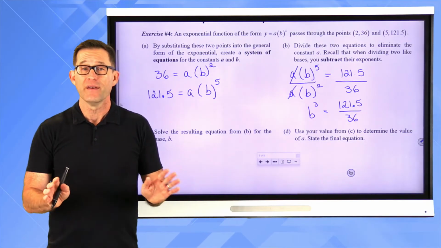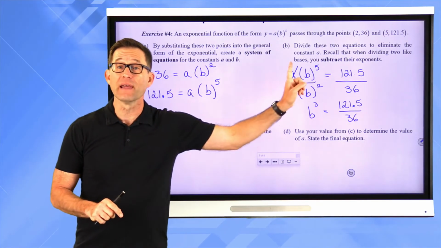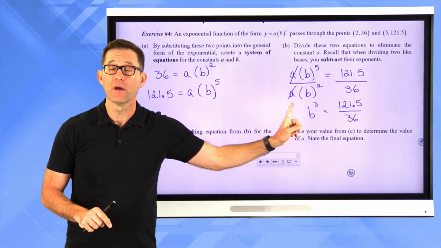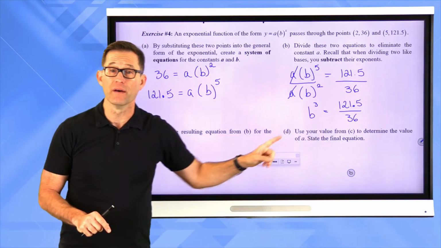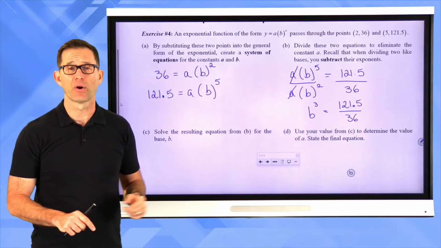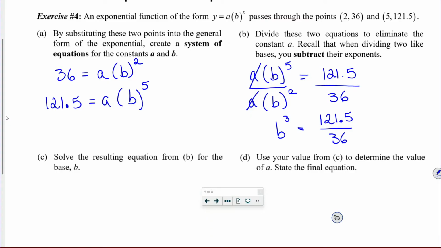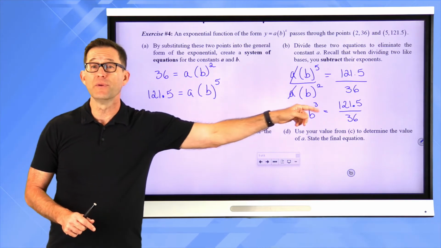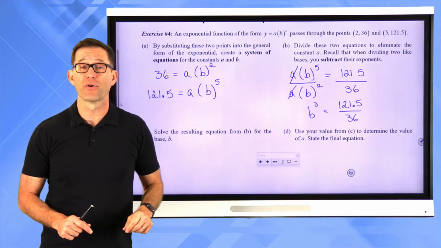All right? Now, because we've eliminated the a by division, we can now solve for b in, ironically, part C, letter C. Solve the resulting equation from b for the base b. All right, well, I've got b cubed equals 121.5 divided by 36.